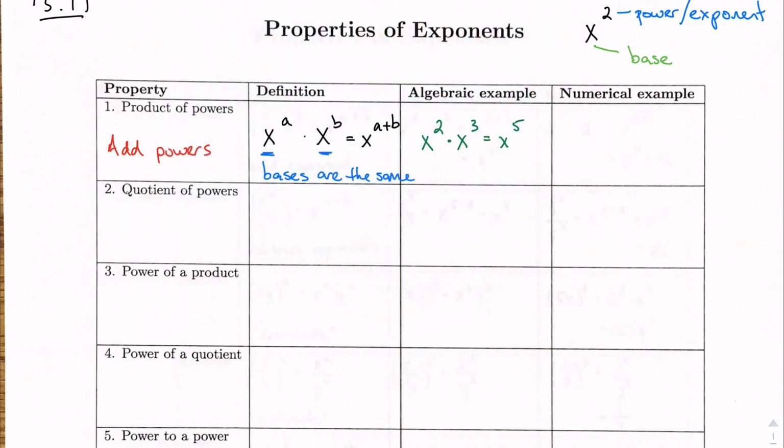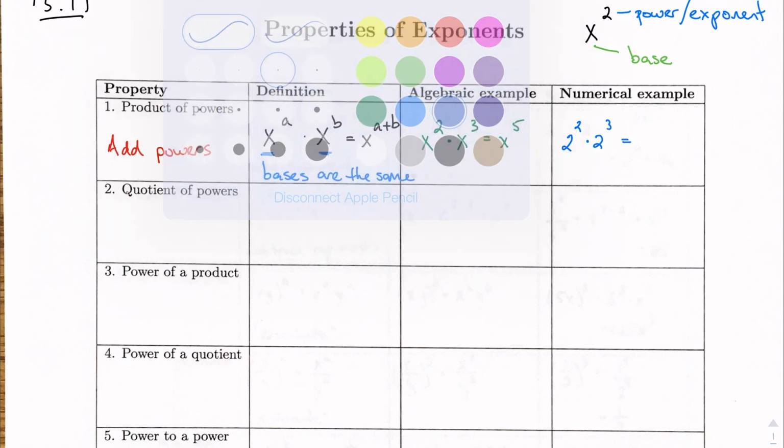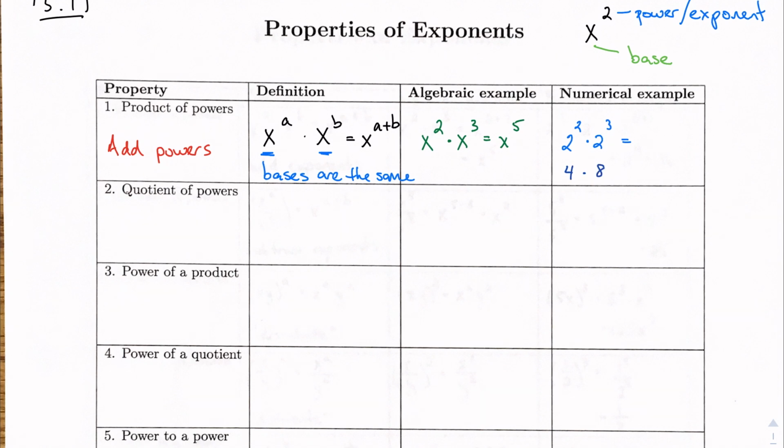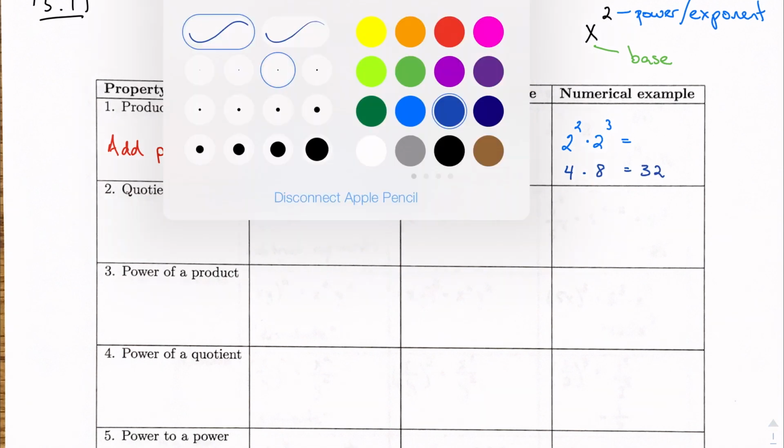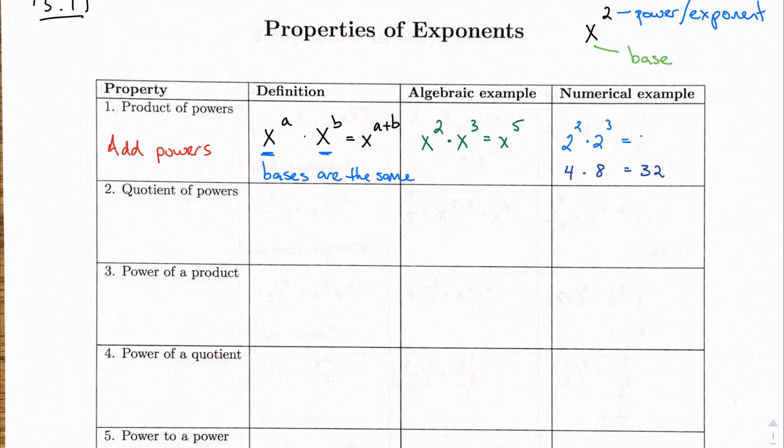And my numerical example would be along the same lines. If I did 2 squared times 2 cubed, well, if I wanted to, I could look at this as just 4 times 8 and get 32. Or I could look at this as 2 to the 5th, right? I'm going to add my powers, and I'm going to get 32.